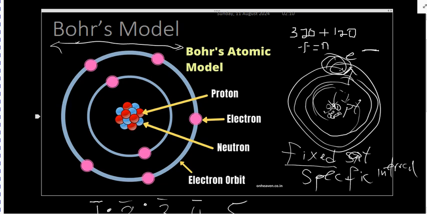In between the first orbit and the second orbit, there are no electrons. So the electron can only be found in the second orbit, and they are equally spaced. If I should draw another orbit, the third orbit, you discover that the spacing is equal at a specific interval of energy level. So that is exactly how the Bohr model was able to modify J.J. Thomson's atomic model.